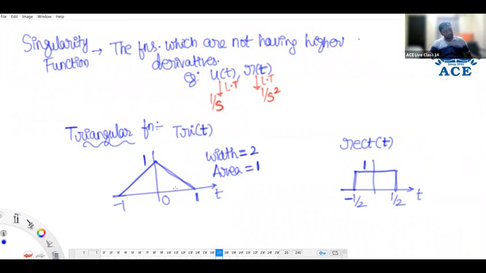Don't have a confusion between rectangle and triangle. Unit area, like unit impulse, we are taking unit area as reference. So we are fixing its width as 2 to make area 1.